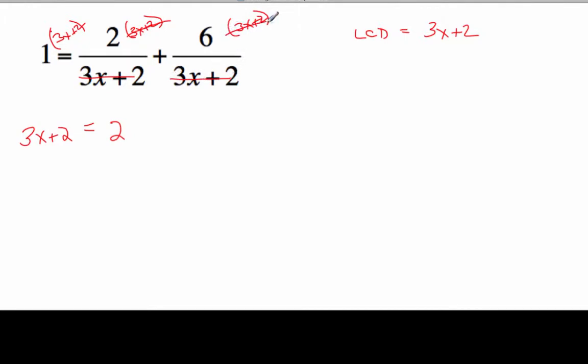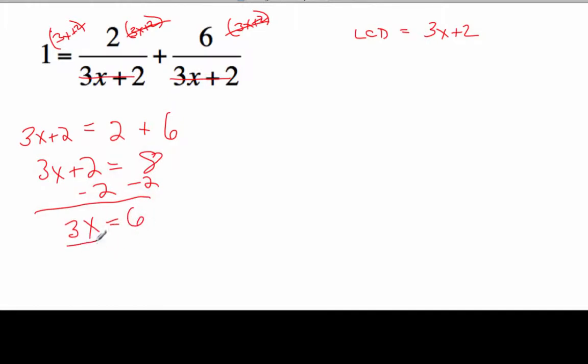That's gone. That's gone. Again, the whole intention of doing this. And then we get 3x plus 2 is equal to, let's just combine this side, 8. Subtract 2 from both sides. 3x is equal to 6. Divide both sides by 3, and I get that x equals 2.